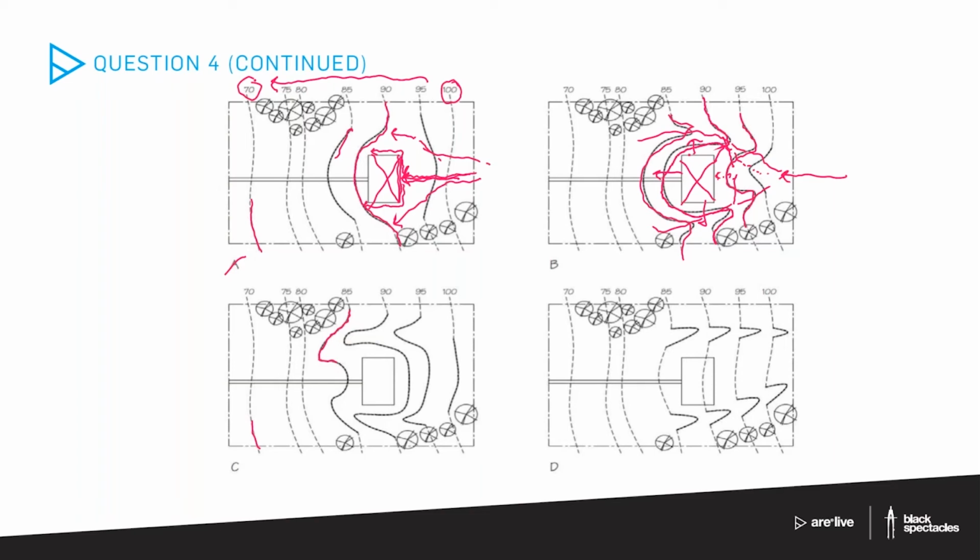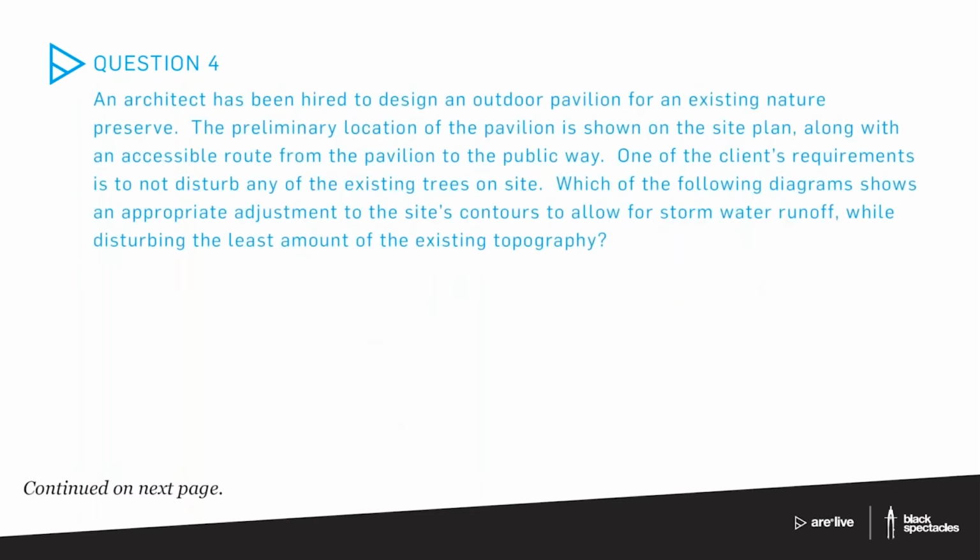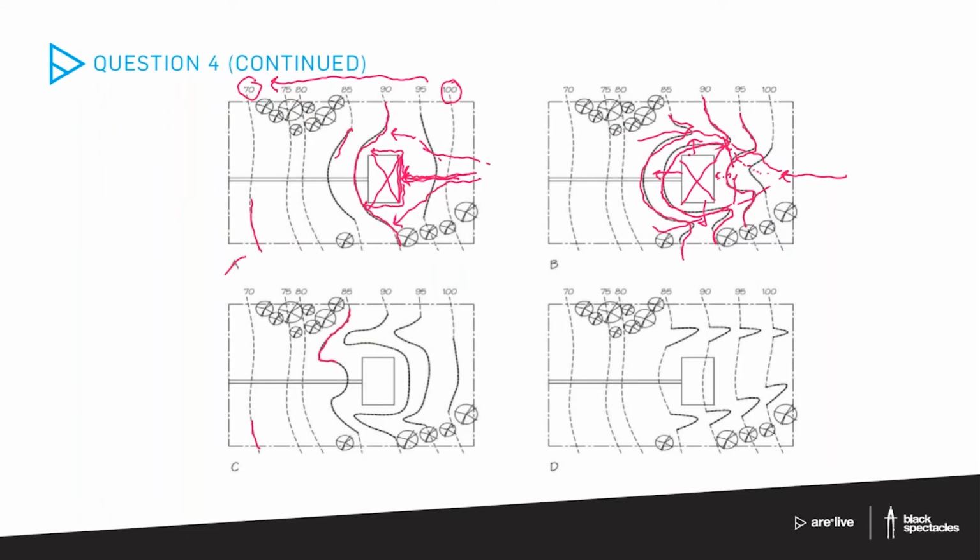I still want to go through the other choices because one of the requirements here was disturbing the least amount of existing topography. So it's totally possible that one of these choices also diverts stormwater away, but disturbs less topography.